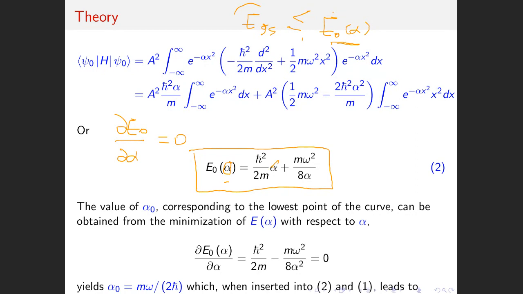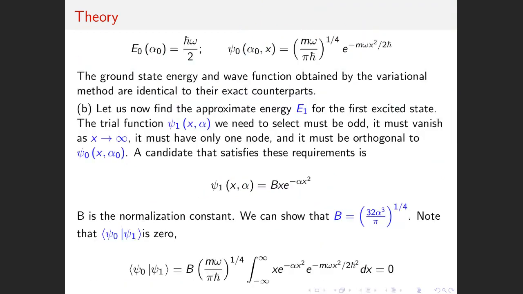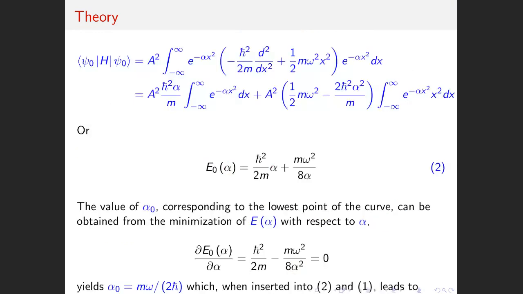This gives you alpha squared. Then you solve for this alpha, the alpha that will minimize this, and plug it back in. You find that alpha 0 is given by m omega over 2 h bar, and then you plug it into the wave function.